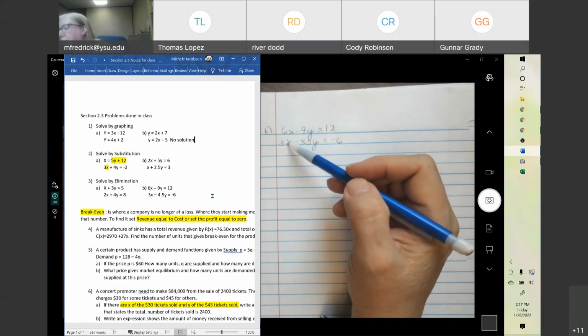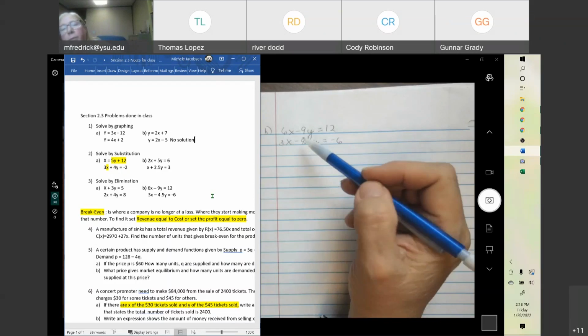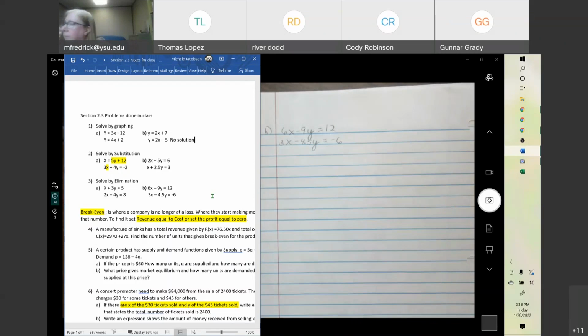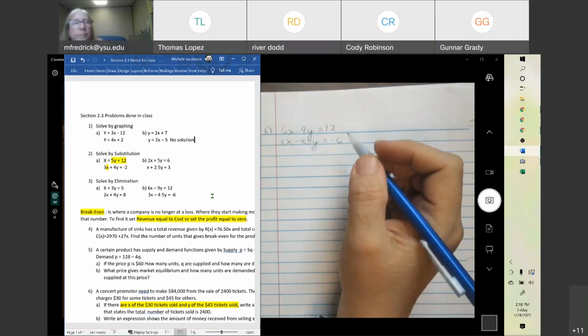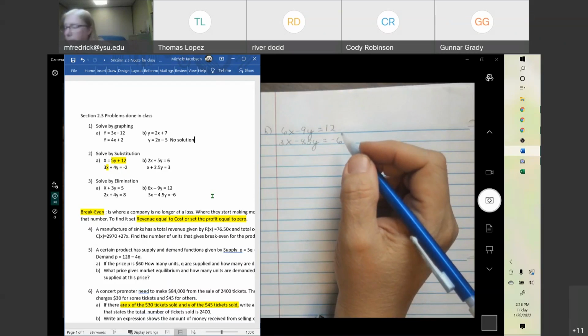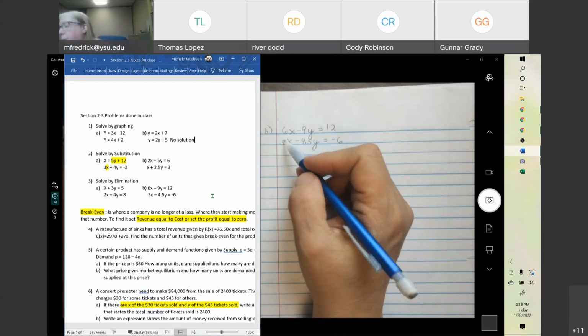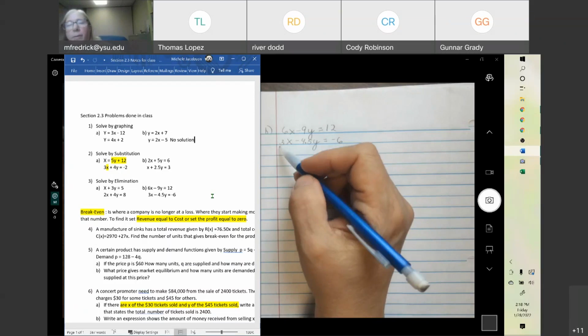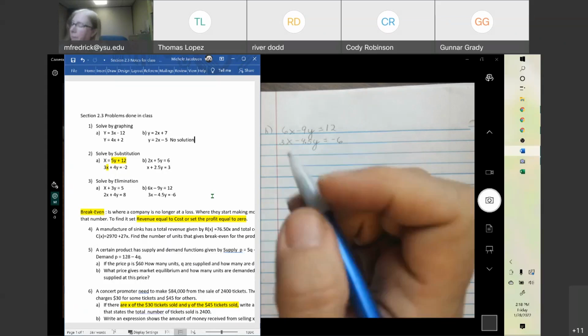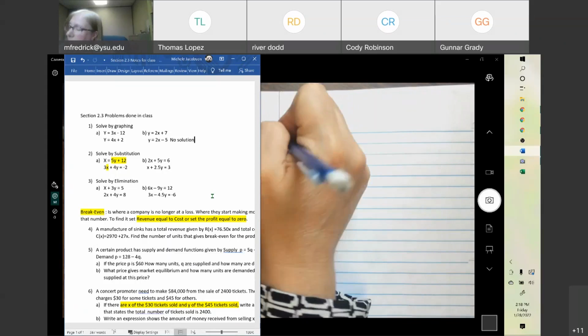If I multiply to get the x's to drop out, what should I multiply the bottom row by? 2? Okay, so if I multiply by 2, I'll have a positive 6. And if I want them to drop out, make it a -2 then. Yep. Because you want them to be opposite signs.